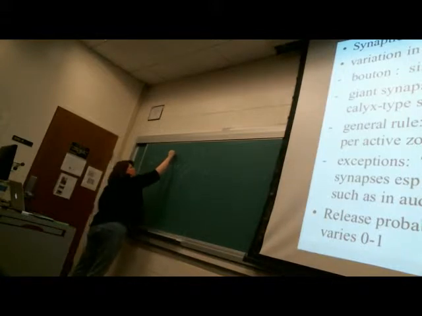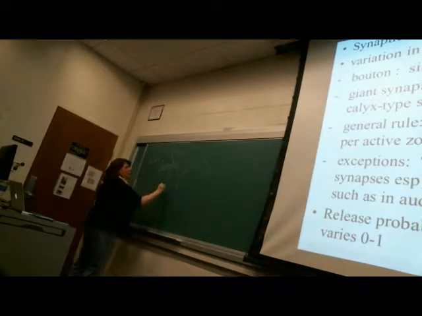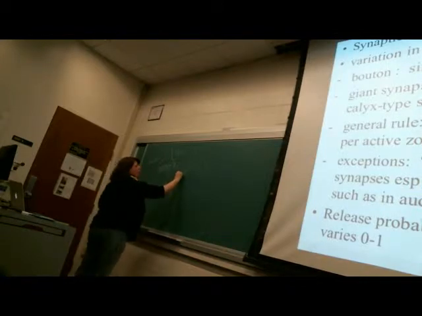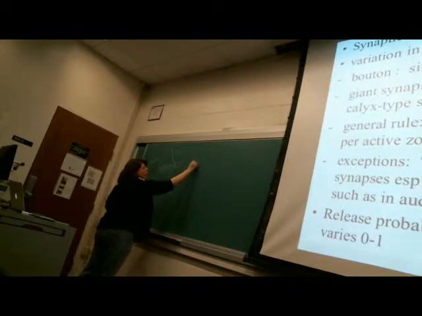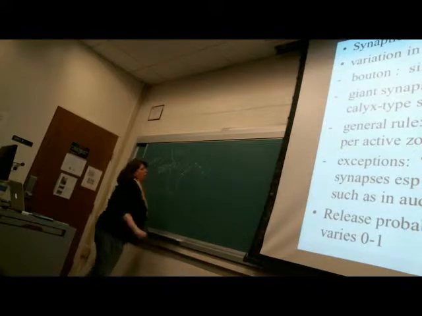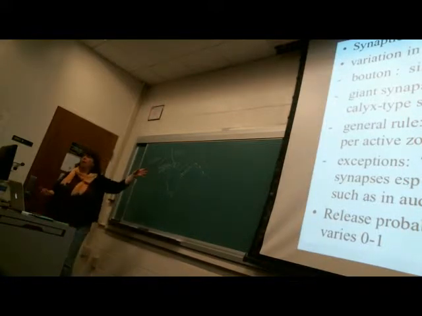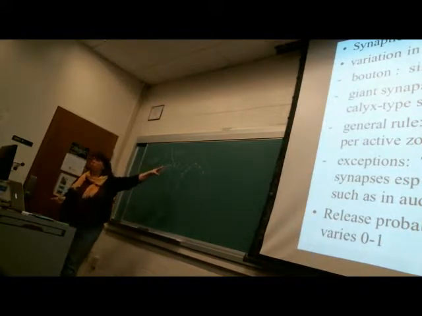So this is the presynaptic side, this is the postsynaptic side. And in fact, you have a whole bunch of active zones. Okay, so oftentimes what we're looking at is the summed potential that occurs because of these active zones.